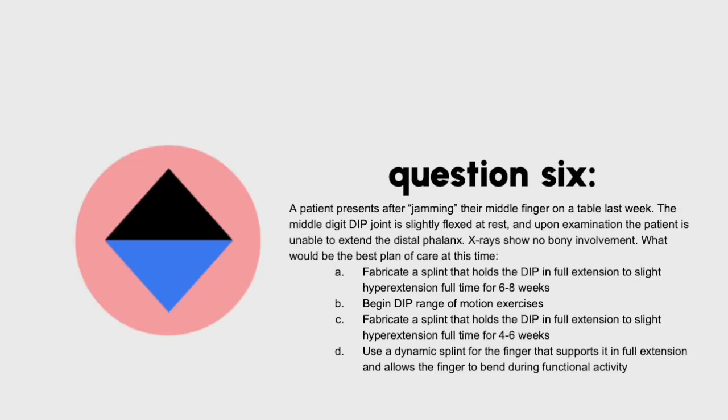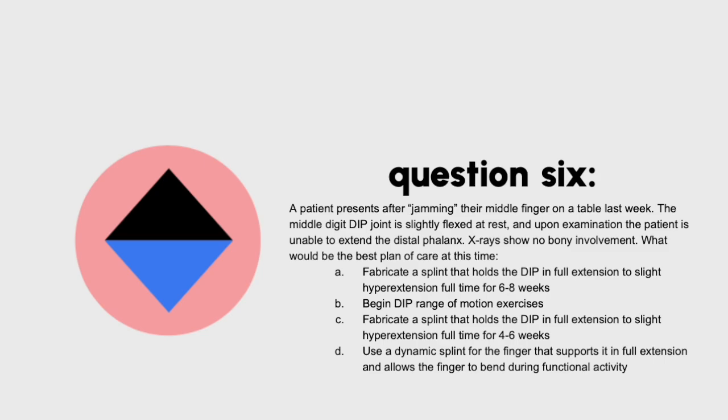Question 6. A patient presents after jamming their middle finger on a table last week. The middle digit DIP joint is slightly flexed at rest, and upon examination, the patient is unable to extend the distal phalanx. X-rays show no bony involvement. What would be the best plan of care at this time? A. Fabricate a splint that holds the DIP in full extension to slight hyperextension full time for 6 to 8 weeks.